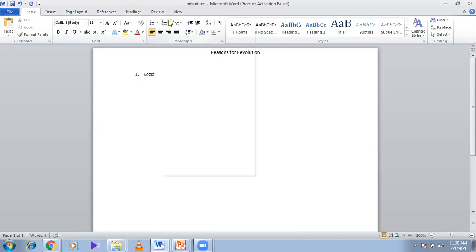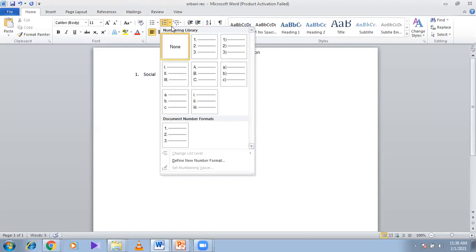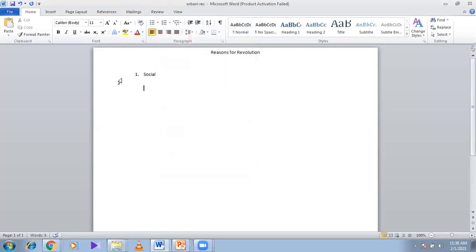And under one, the social factors are Enlightenment ideas, American Revolution, resentment among lower classes, and new ideas about the government. Clear? Yes? Okay. The economic.